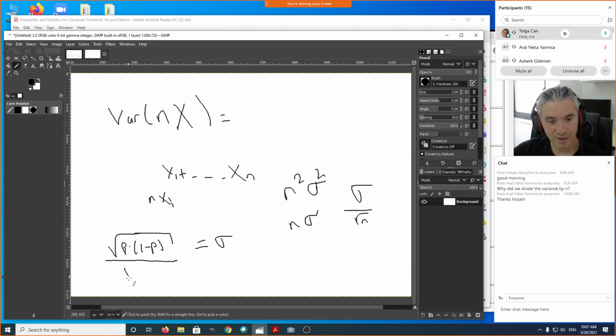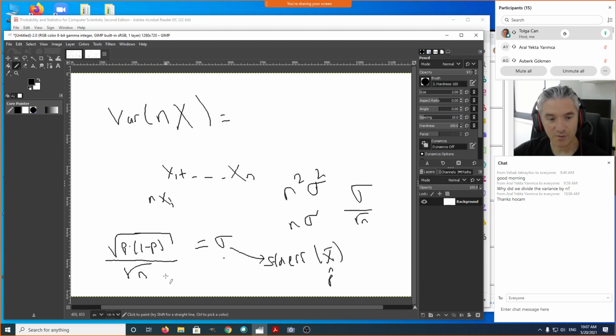Divide this by the square root of n, and you get your standard error for X bar, which is your P hat. The square root of this thing is equal to the standard error of X bar, the standard deviation of X bar.